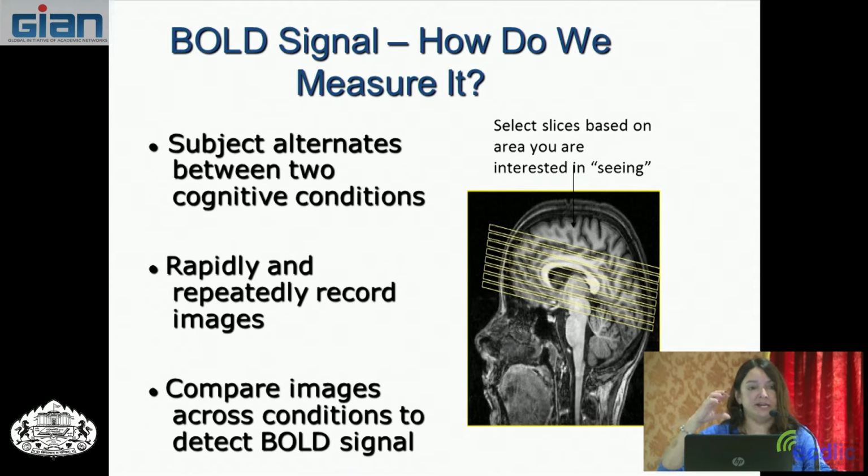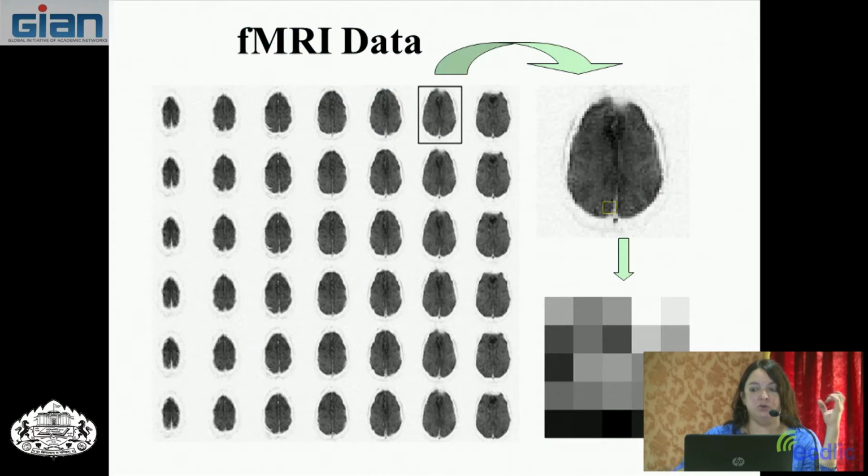And then we take the slices of tissue that are related to when the person is at rest, and the slices related to when they're tapping their fingers, and we do some statistical analysis to see where in the image the intensity changed, and then we can use this to determine where activation occurred in the brain.